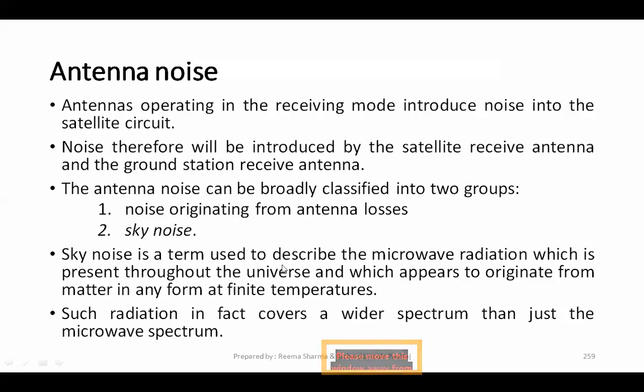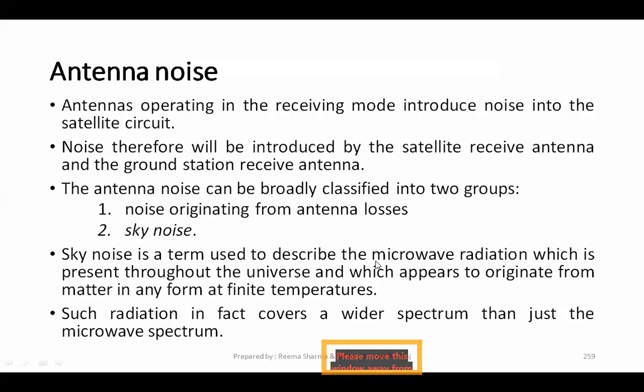Sky noise is the term used to describe microwave radiation which is present throughout the universe, which appears to originate from matter in any form at finite temperatures. So at different temperatures we see that a kind of noise is generated, and that is nothing but your sky noise.